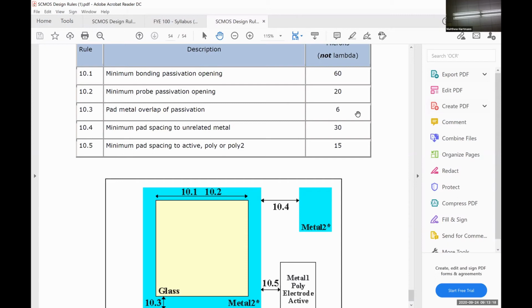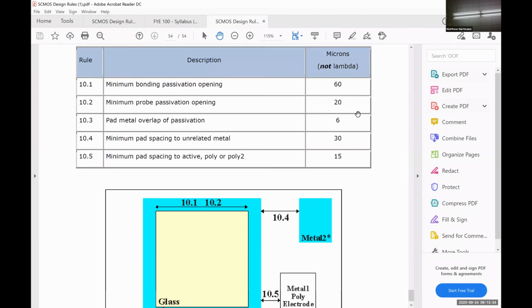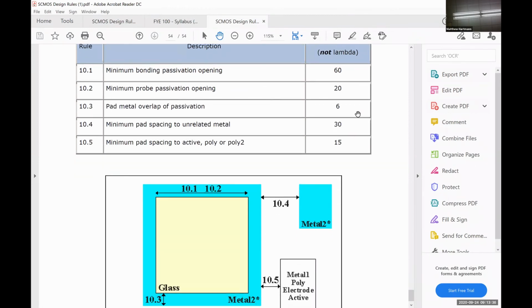So the minimum dimensions for a bonding pad on the metal 3 layer are 72 microns by 72 microns. That's the absolute minimum. And then there's the square opening in the overglass layer that allows contact to the bonding pad.